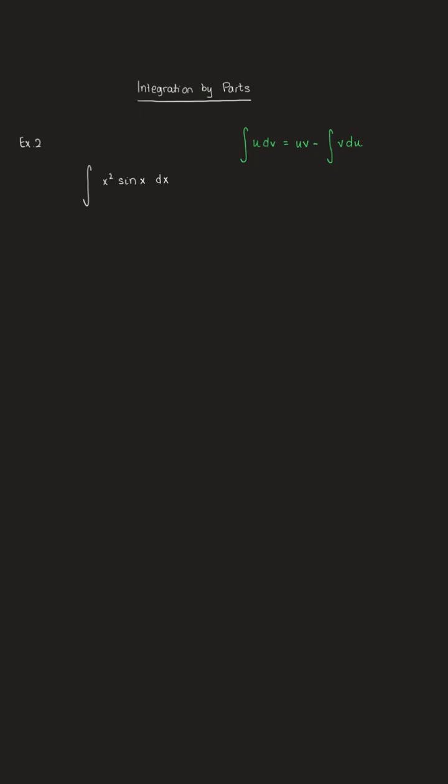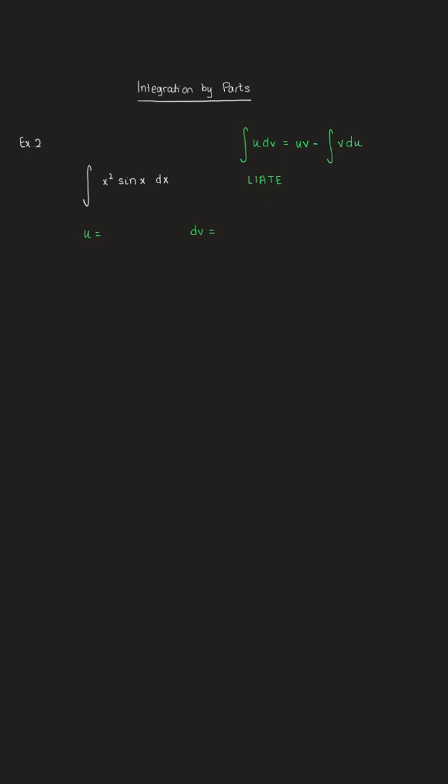You might recall from our previous video that we can use the acronym LIATE to help us choose u. And so the questions that I ask myself here is, first, do we have a logarithmic function in the integral? And the answer is no. Do we have an inverse function, that's the I in LIATE? We do not.